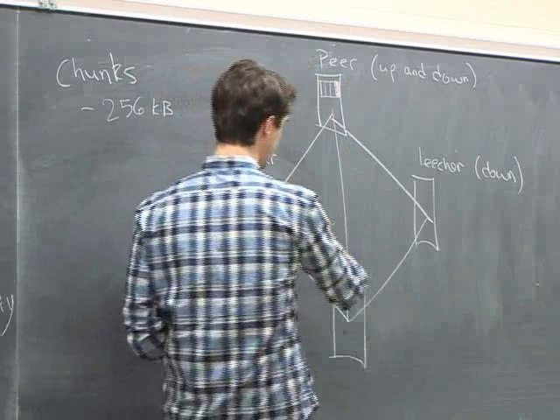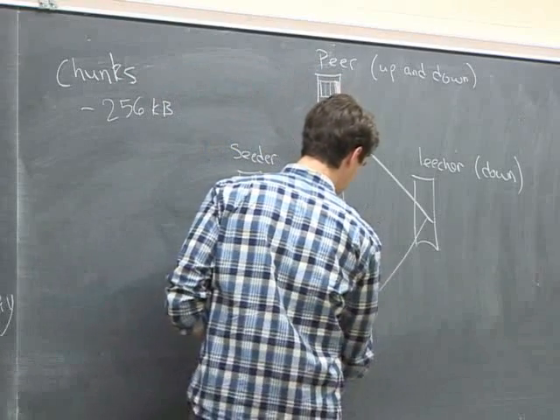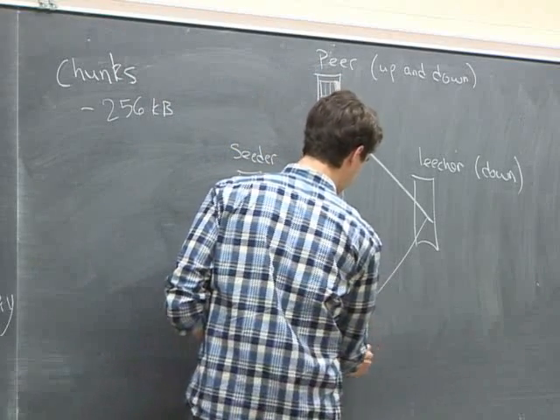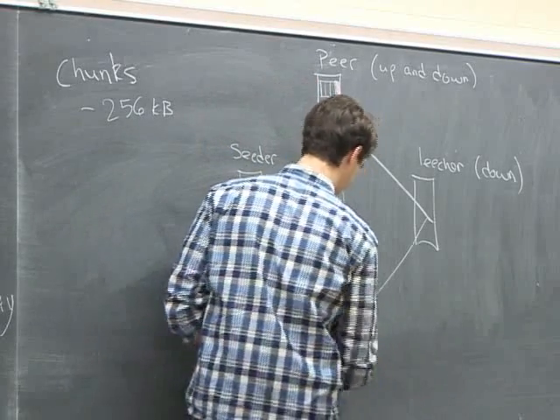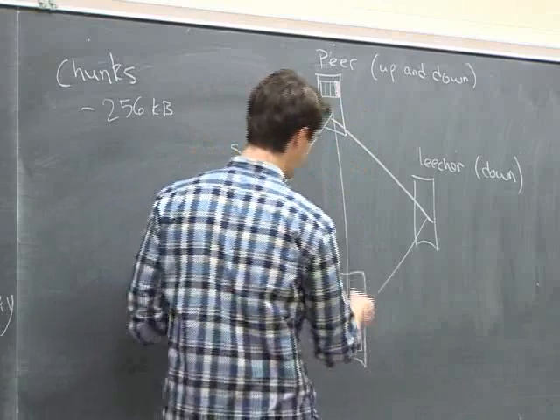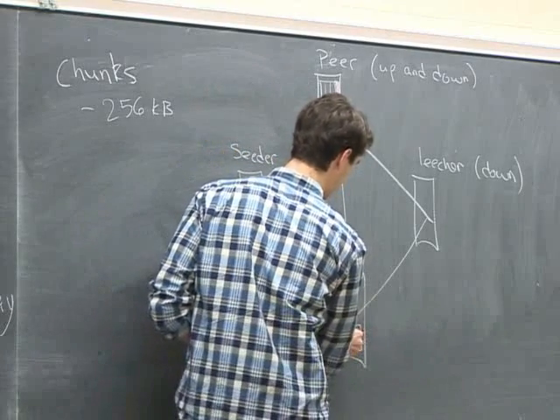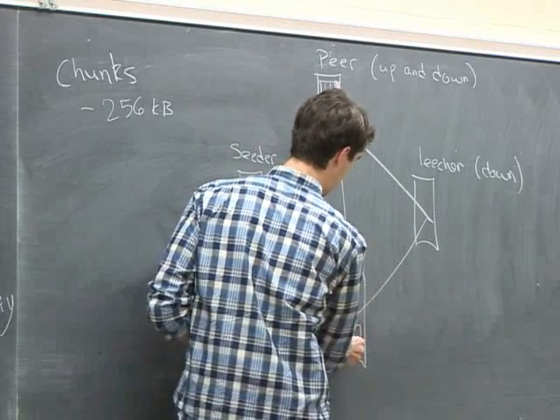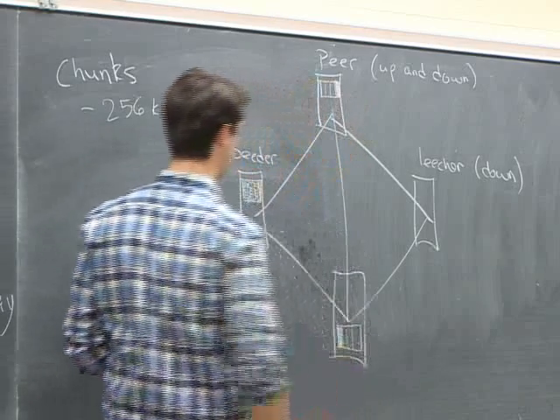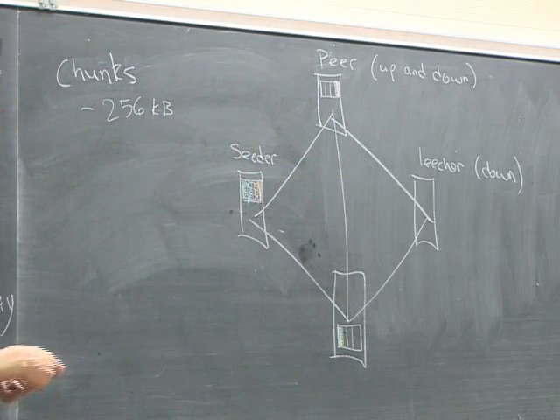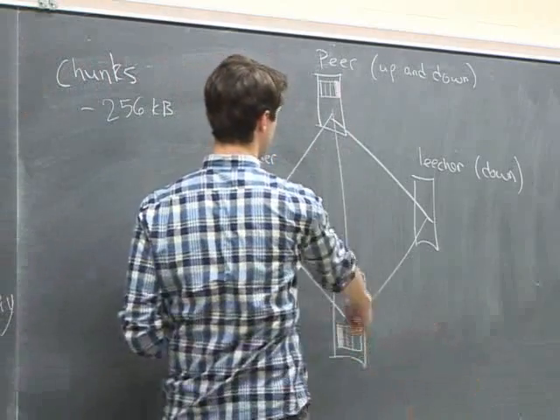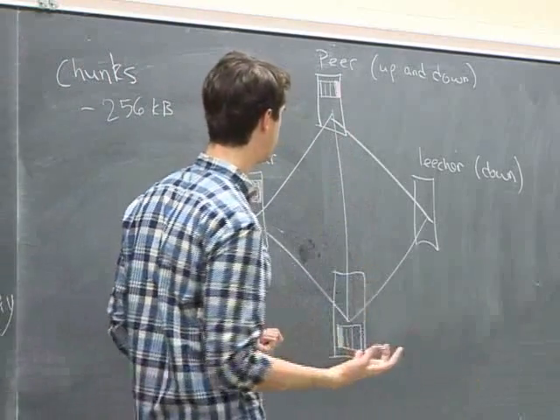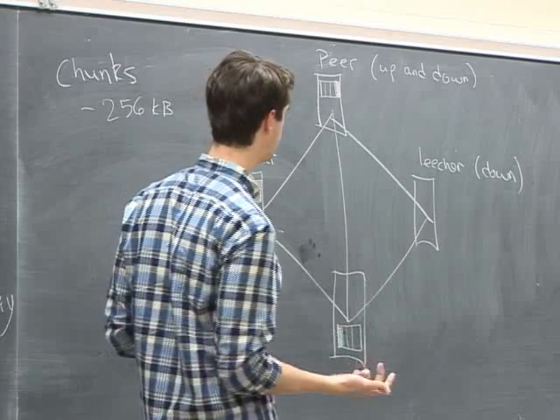At the same time, this node was also downloading the file from this seeder, and let's say it got the green chunk in the same time period, okay? Now we're at some point in the future where these 2 nodes have completed those chunks, and it looks something like this.